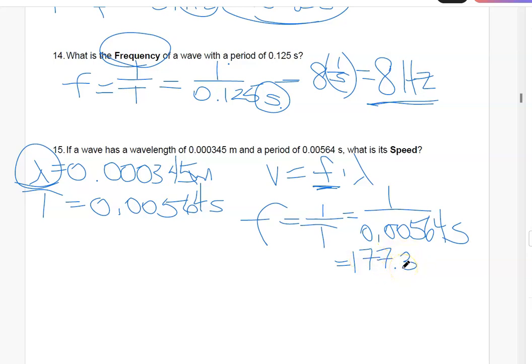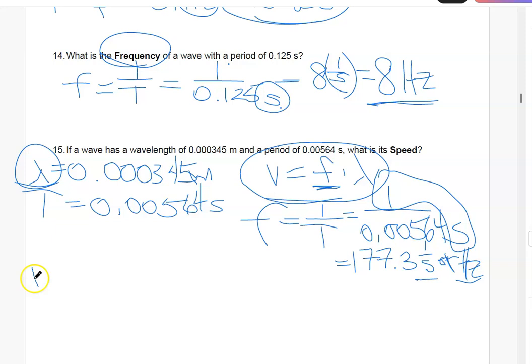Well, what are the units? Well, it's 1 over seconds, or hertz. And when you're doing calculations, sometimes it's easier to leave it as the 1 over seconds, but it really doesn't matter as long as you remember hertz is 1 per second, or second to the minus 1, any one of those variations. And now we have the information to solve for our speed.